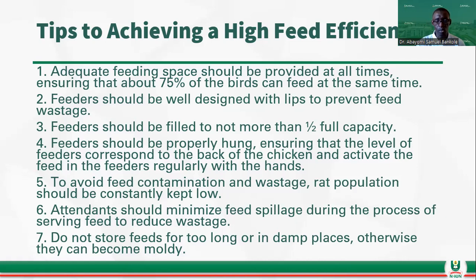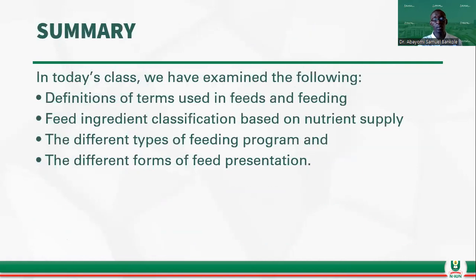Now, number 5, to avoid feed contamination and wastage, the rat population should be constantly kept low. Number 6, attendants should minimize feed spillage during the process of serving feed to reduce feed wastage. And lastly, do not store feed for too long or in damp places, otherwise it can become moldy.